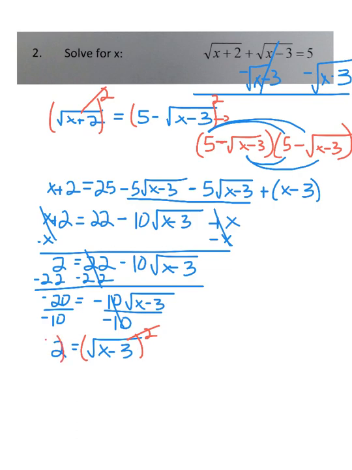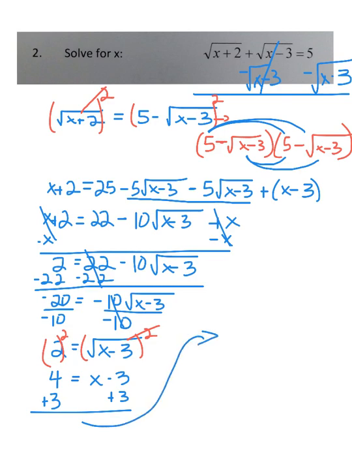But what I do to one side, I have to do to the other. So just make sure that you square that 2 on the left as well. So that's going to be 4 equals x minus 3. And then let's add 3 to both sides. I'm just going to stick this up over here, sorry. And I get x equals 7.